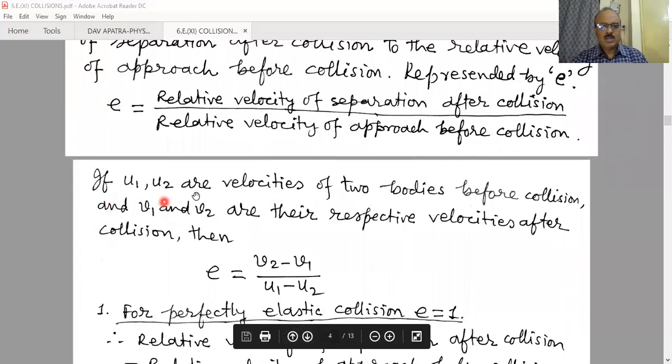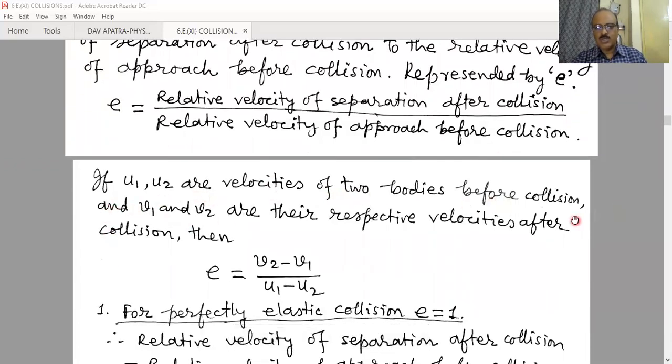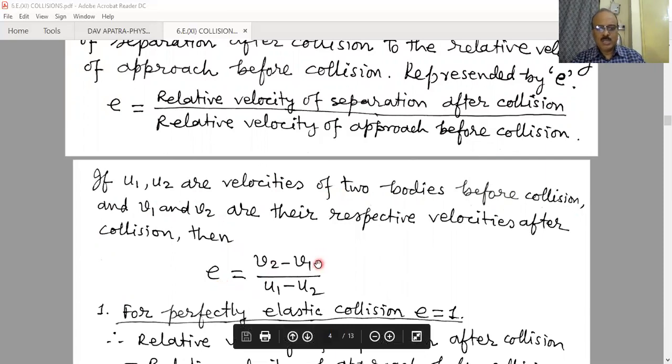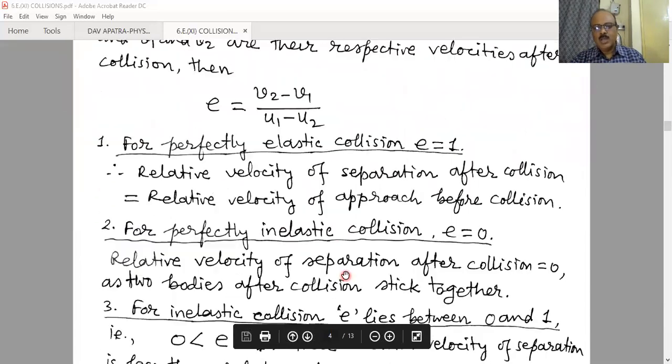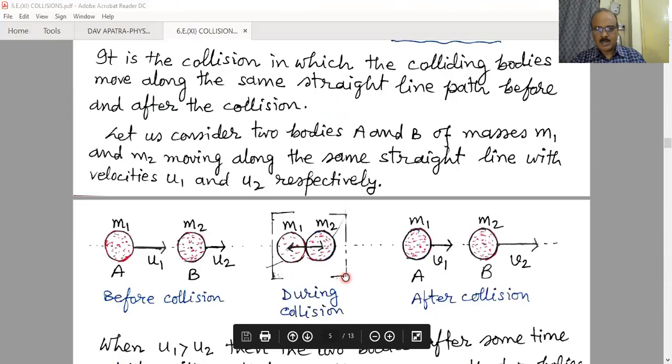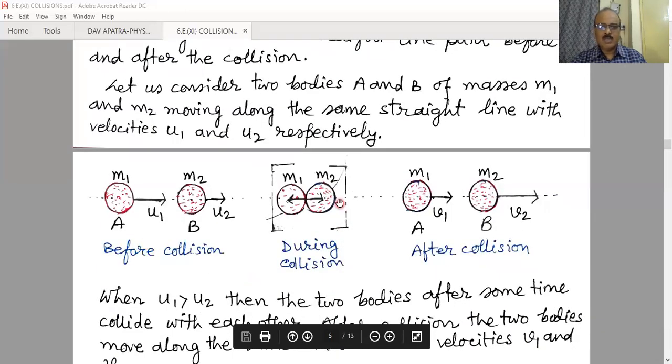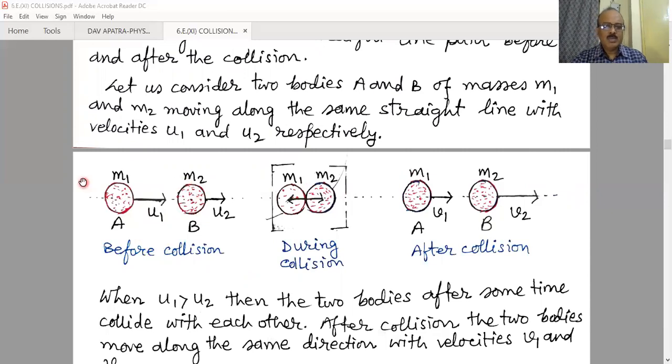Let us suppose U1 and U2 are the velocities of the two bodies before the collision, and V1 and V2 are their respective velocities after the collision. Then E equals V2 minus V1 divided by U1 minus U2, and we can understand this better from the figure. Let us suppose two objects A and B, with masses M1 and M2, are moving along the same straight line, and A approaches object B before the collision.